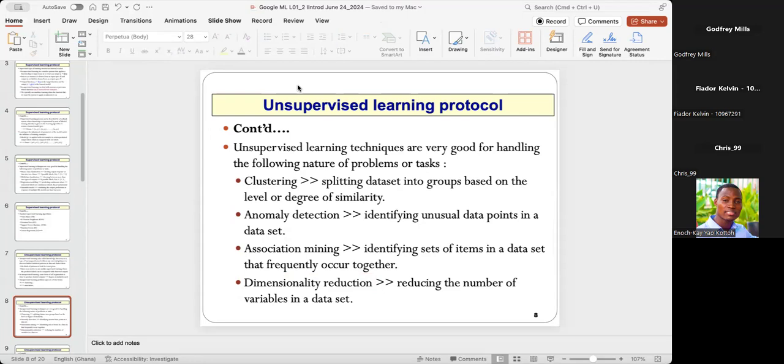We can use supervised if we have a label, if we have a desired target. But if we don't have any desired target, where we have to navigate the data to identify patterns and trends in it to be able to do that job, then the best technique to use is unsupervised learning.